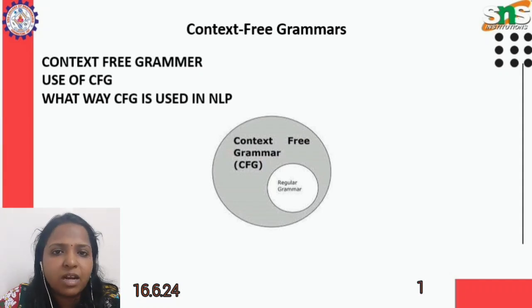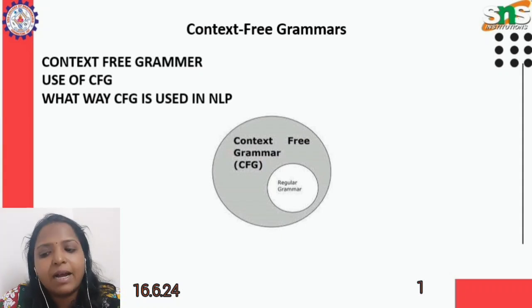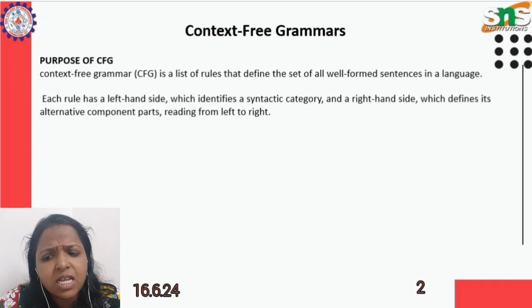When it comes to NLP, natural language processing, here also the CFG, that is context-free grammar, provides the same thing. It's a formal grammar used in NLP. How is CFG used in NLP?